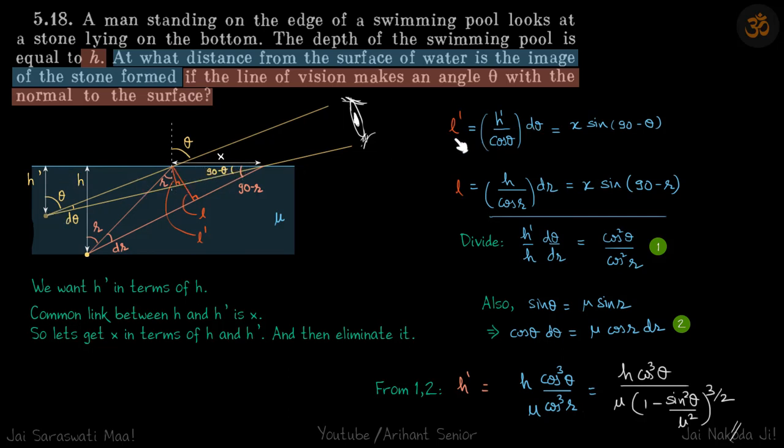Similarly, this common side L also we got in terms of x and h. So now from these two we eliminated x. We got a term of d theta by dr that we got rid of by differentiating Snell's law. And that's how we got our answer.